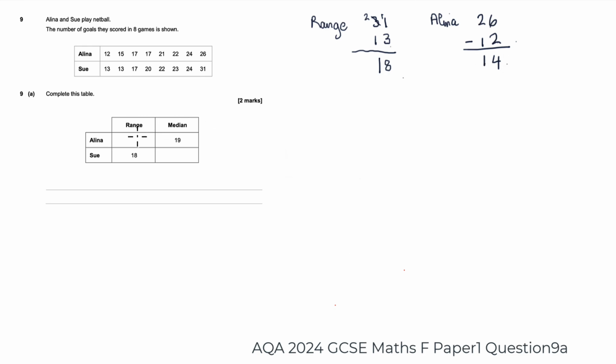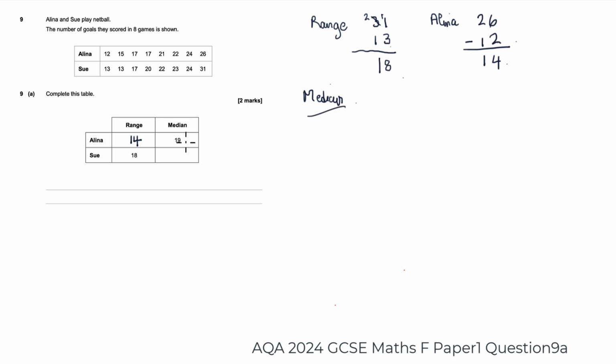So the range for Alina's goals in these 8 games is 14. That's the gap between her smallest number of goals and our greatest number of goals. Now let's have a look at the median and what that means.